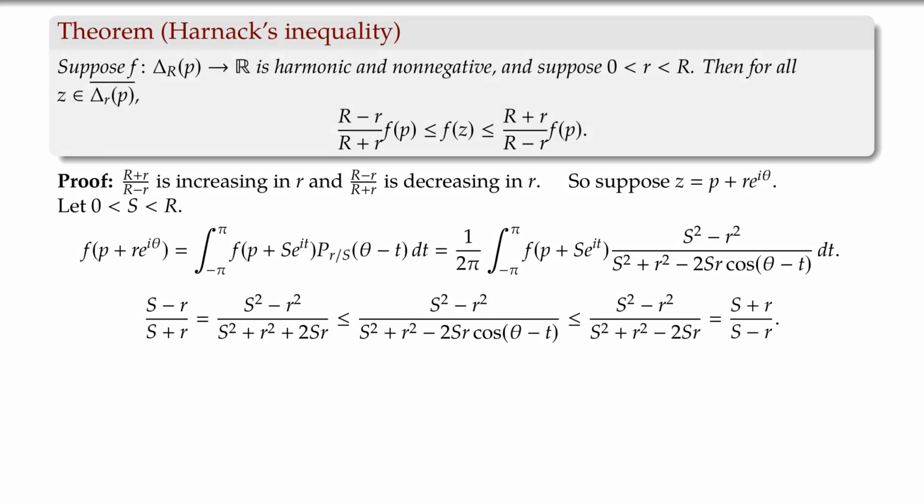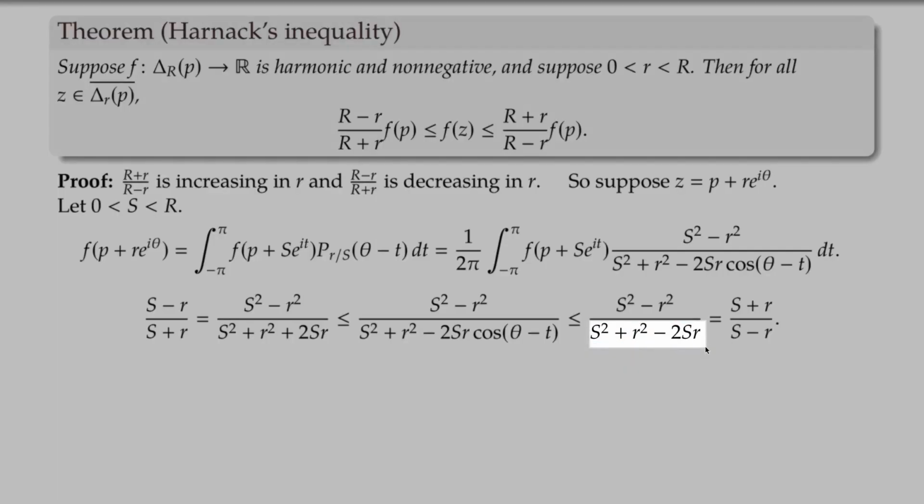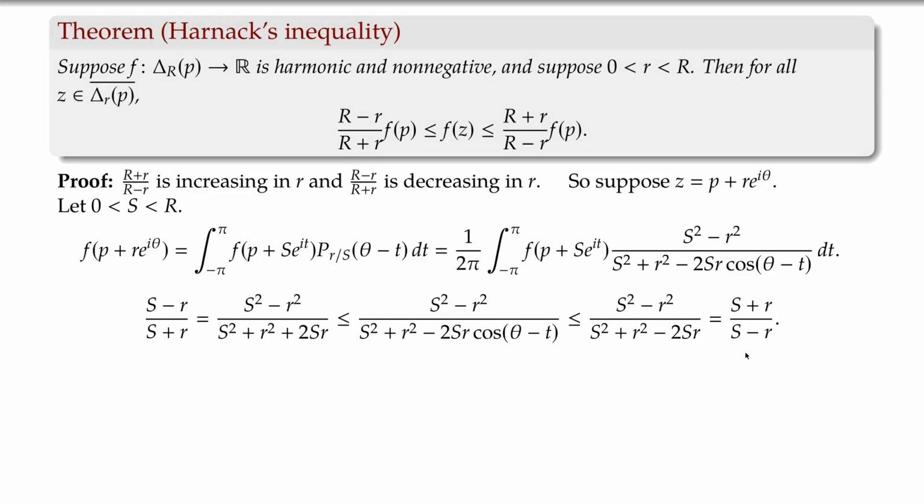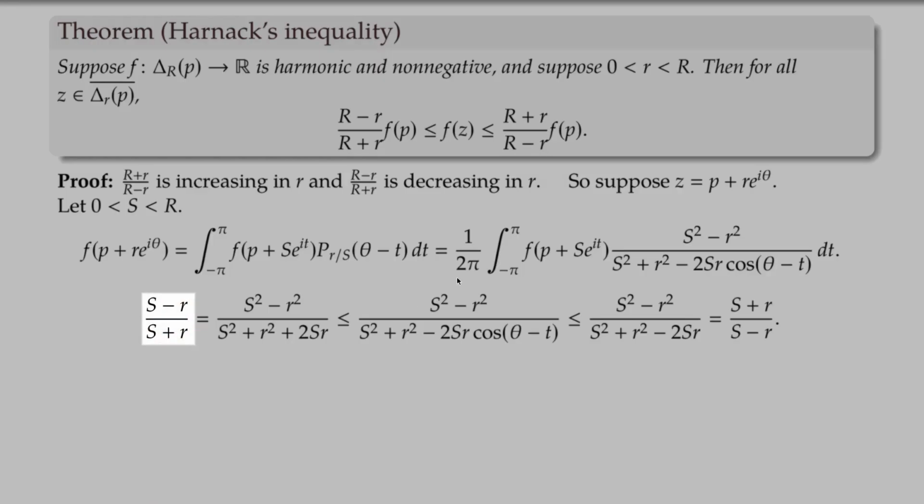And now canceling out the S minus R, because this is now S minus R squared, we get this inequality: from the bottom we have this bound for the Poisson kernel, and from the top we have this bound, right?